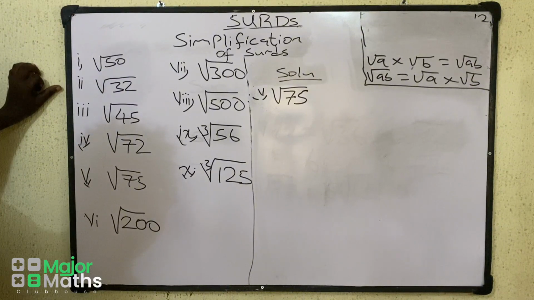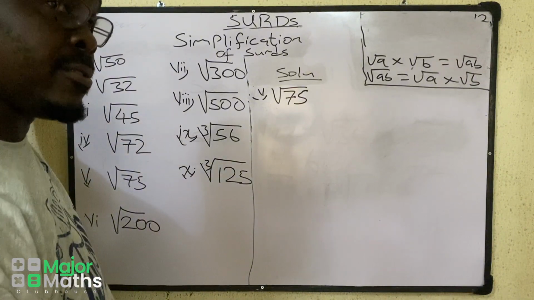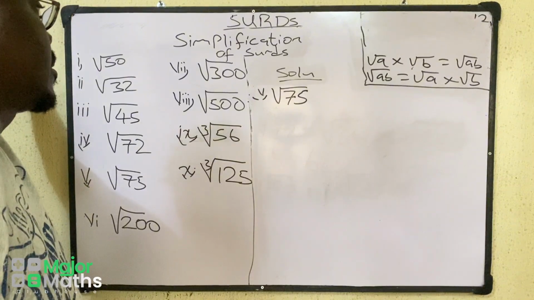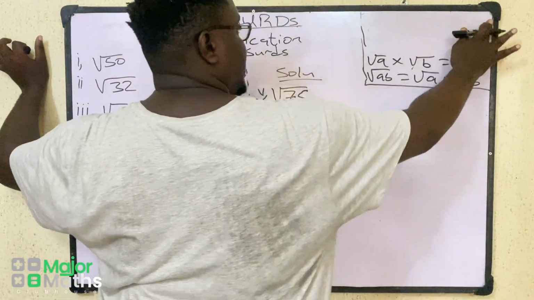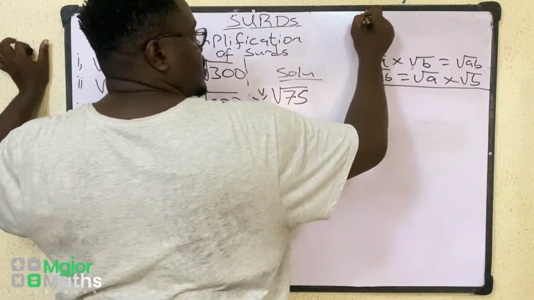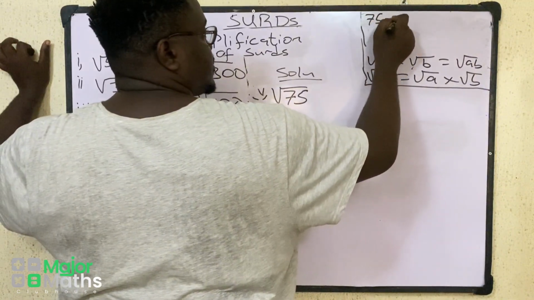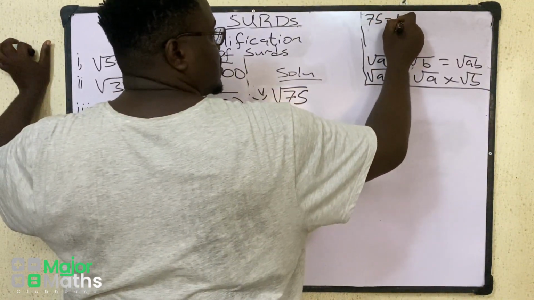Number 5 is root 75. So let's find the factors of 75. It should be easy. 1.